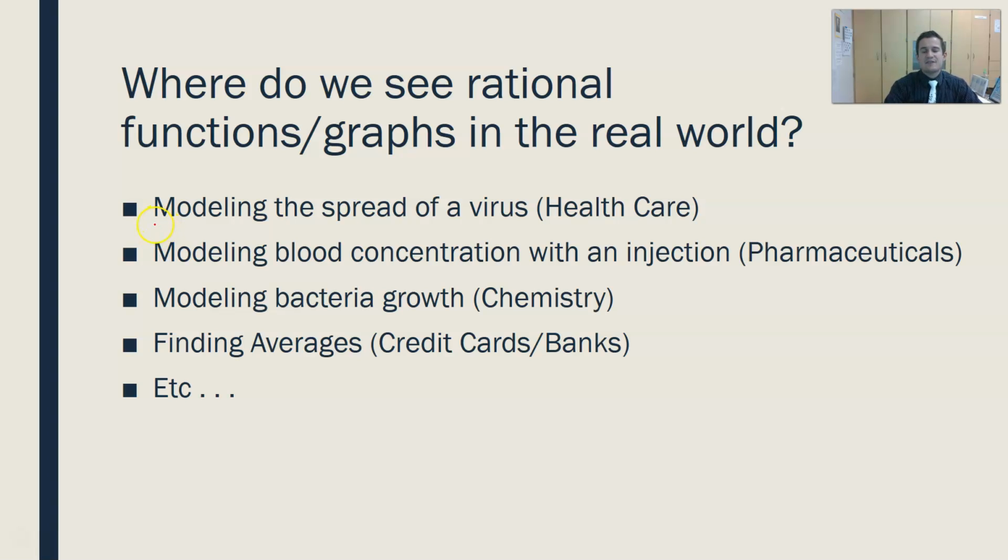Rational graphs and functions can be used to model the spread of a virus, so like in the healthcare area of the world. Modeling blood concentration with an injection, so lots of people in pharmaceutical companies use rational functions to determine how much of a certain drug patients can have. We can use rational graphs and functions to model bacteria growth, so it's like in some chemistry applications.